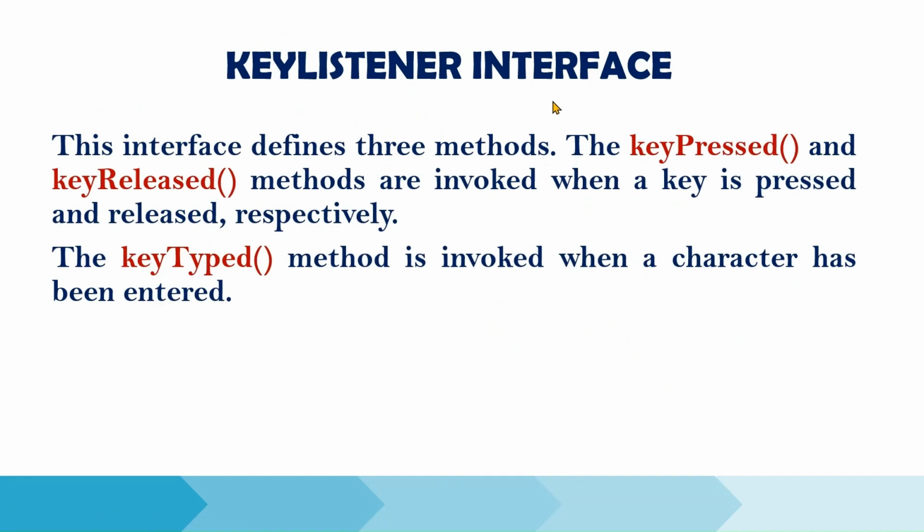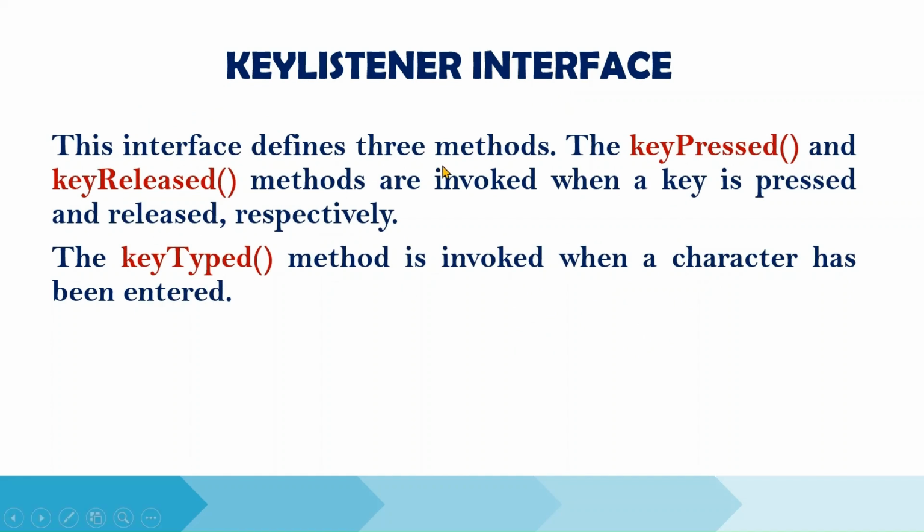Since we are talking about the key event, we have a listener called KeyListener, and all listeners are interfaces. All events I was talking about are classes. So here I'm making it the KeyListener interface. If you see the previous slide heading, I wrote KeyEvent class. Now, as you know, listeners are interfaces with abstract methods.